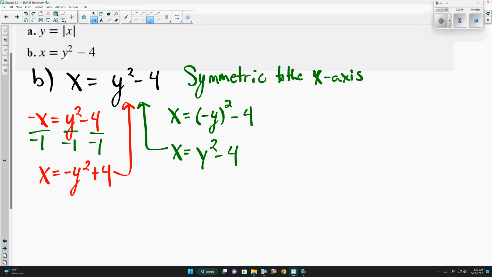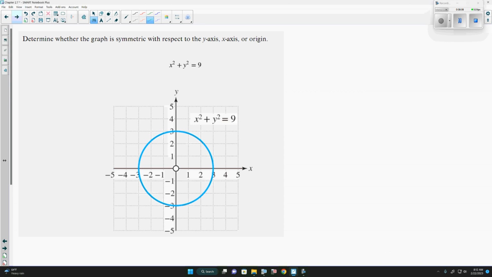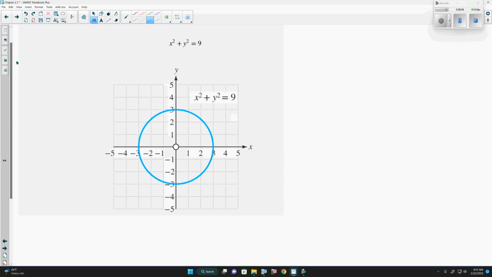All right. Now this one here, they gave us the graph, and we want to determine if it is symmetric to the x, y, or origin. So we can look at the y-axis first. The first thing I can do to see if it is symmetric to the y-axis is replace x with negative x.